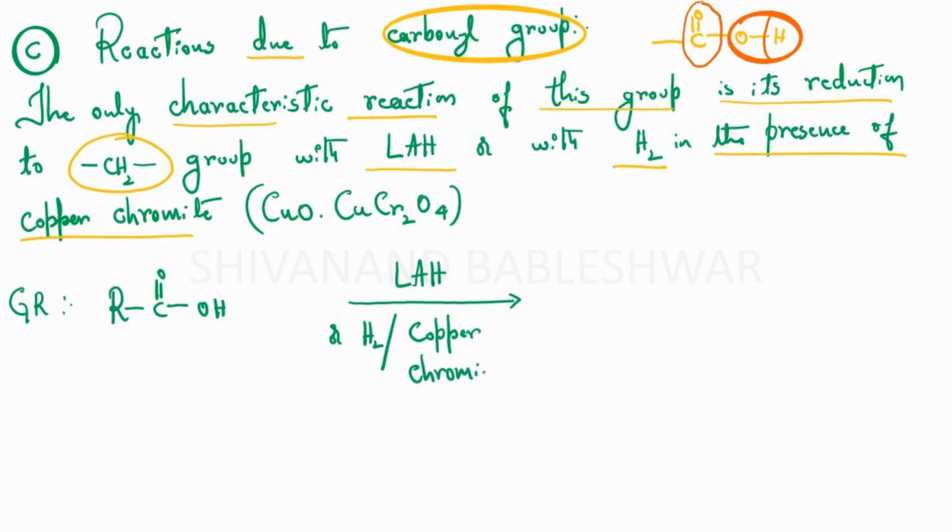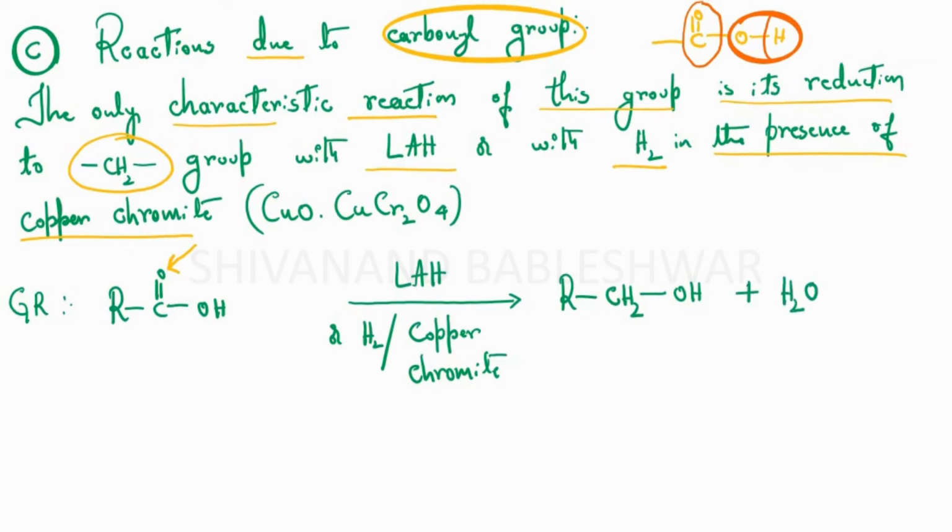So we know that we are doing a reduction, and during reduction hydrogens are added to that carbonyl group. So what we get here is that the C double bond O group is converted into a CH2 group. And the oxygen atom of the carbonyl group is lost in the form of water, that is H2O.